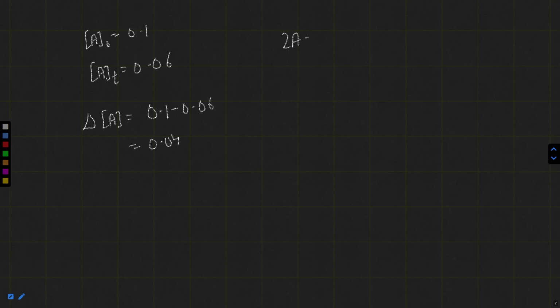Okay. So let's write this equation and you can get a more clear picture. Okay, you are saying that 0.04 mole of A has reacted.